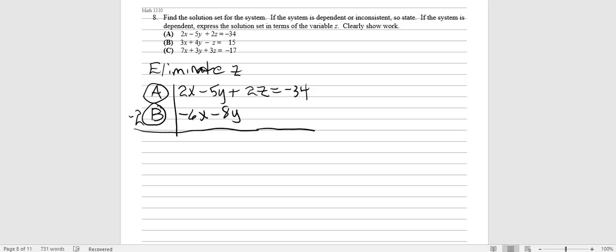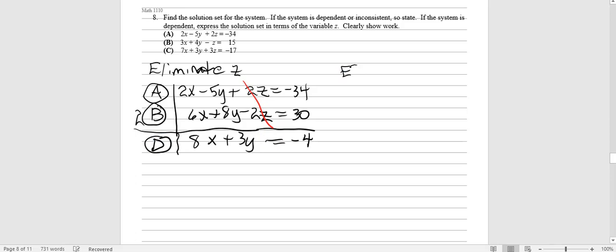I mean, just by 2, I'm sorry. It doesn't need to be negative. I've already got the signs that I need. So 6x plus 8y minus 2z equals 30. So the z terms cancel out, and I have 8x plus 3y equals negative 4. I'm going to call that equation D.